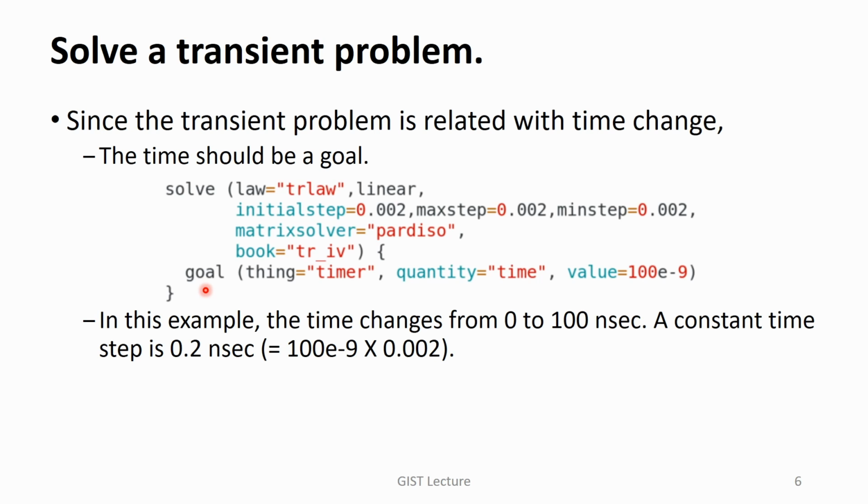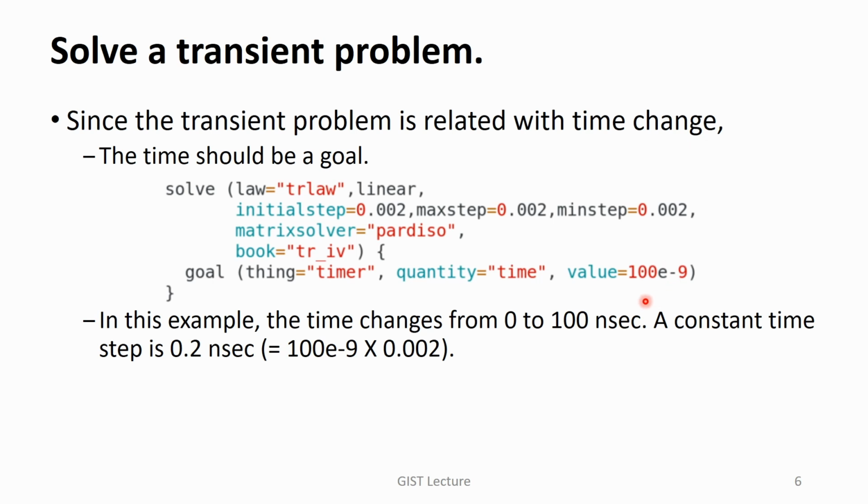Then, just like a bias damping procedure, the time will be changed. In this example, the time changes from its initial value to 100 nanoseconds.